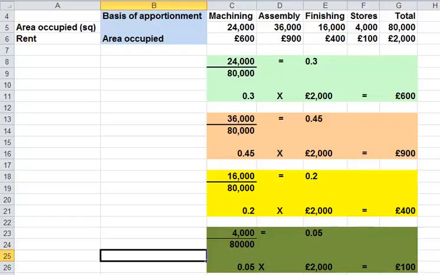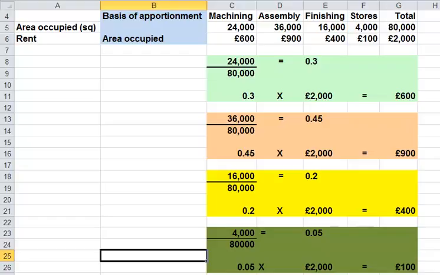Now 0.3 of 2,000 is 600. So machining should pay £600 towards the 2,000 cost in the rent. Assembly has 36,000, so it should bear 36 as a proportion of 80, which is 0.45. 0.45 times 2,000 is 900. So assembly should pay £900 towards the 2,000.